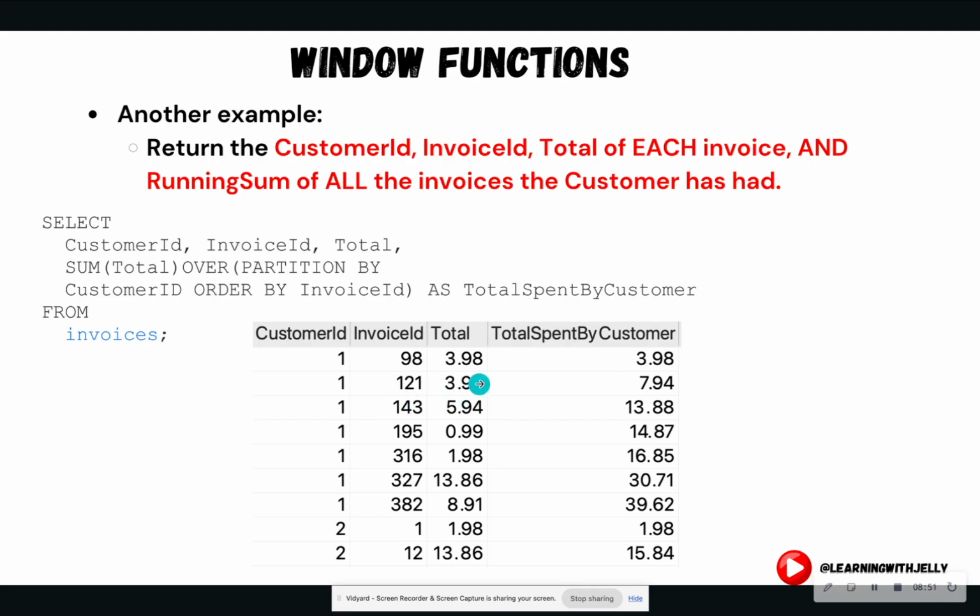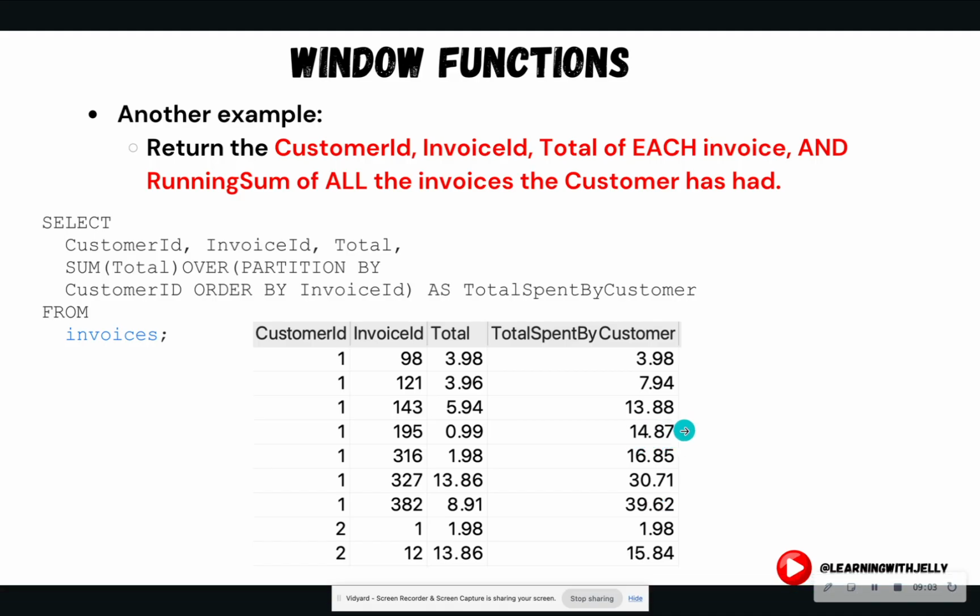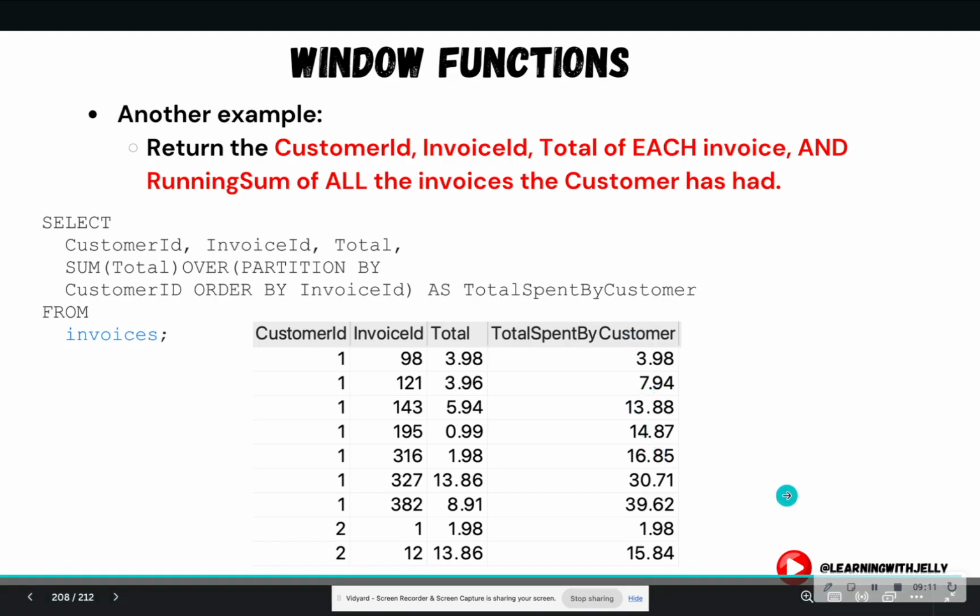Invoice 121, $3.96. And now I'm also getting a running total across time of how much they've spent up until that point. So if somebody asked you how many invoices did customer one have until they spent $30, you can easily say 1, 2, 3, 4, 5. 5 invoices until they spent a total of $30.